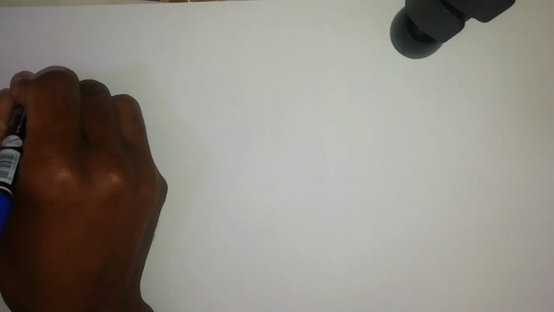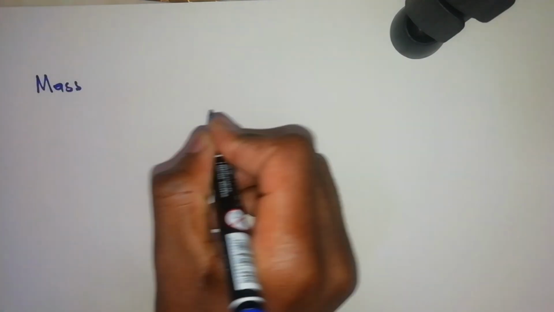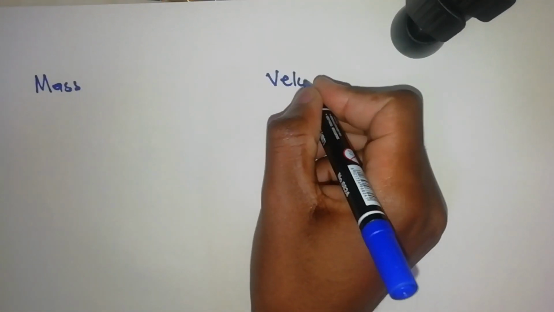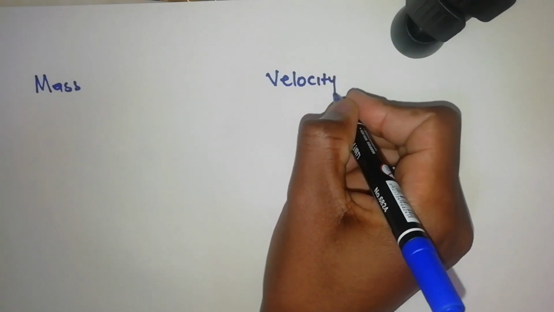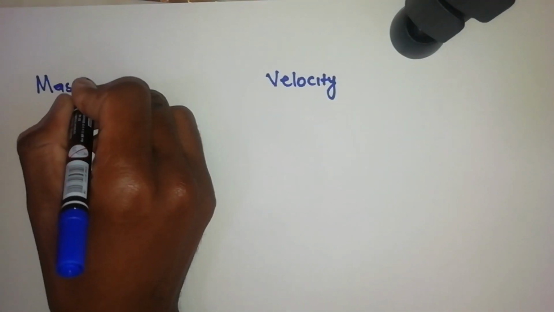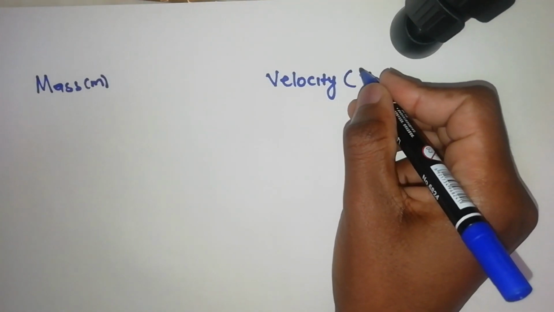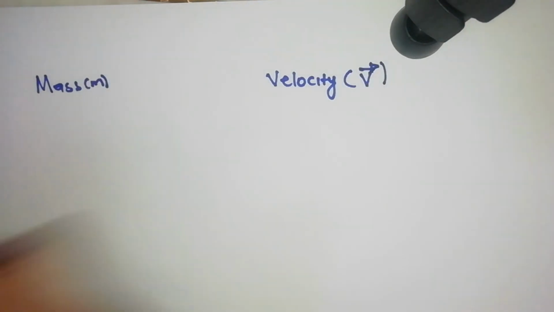So in our video, we said we have two concepts that define momentum, and those concepts are mass and velocity. The symbol for mass is small letter m, and the symbol for velocity is small letter v with an arrow above it.